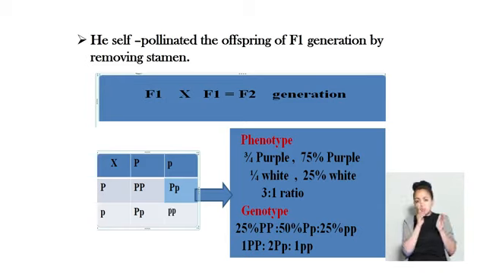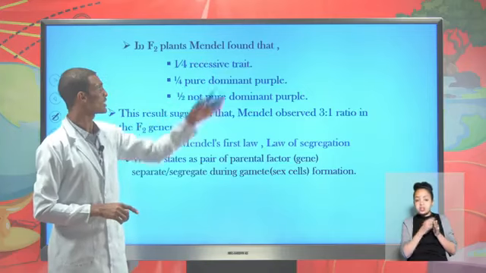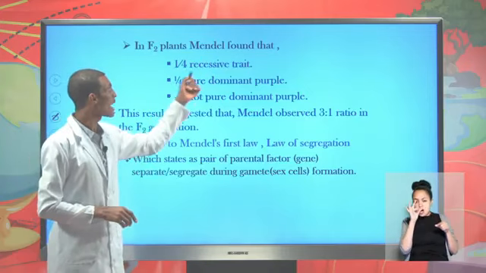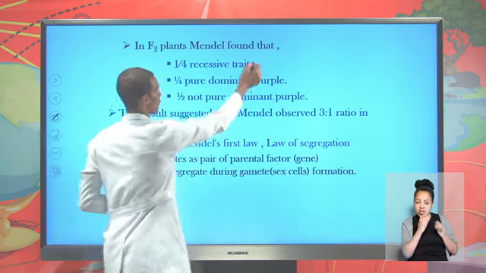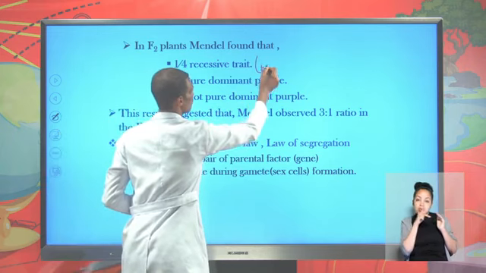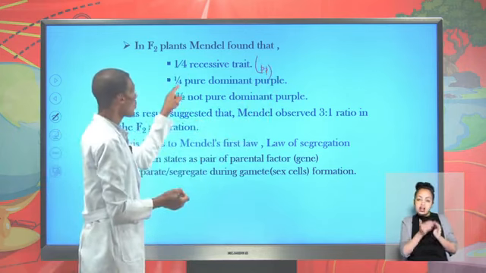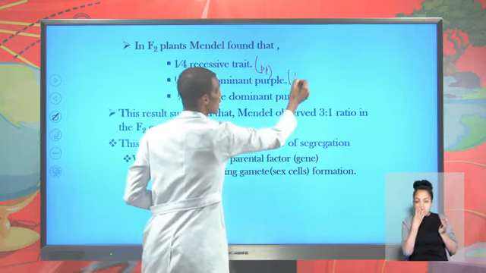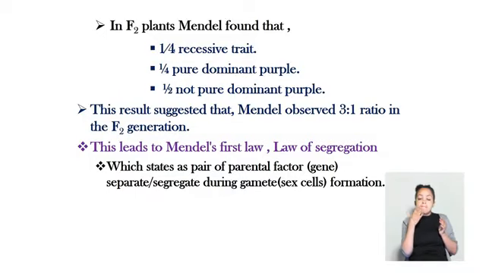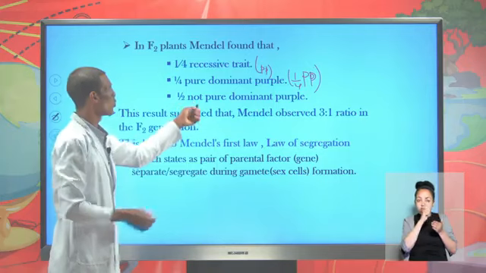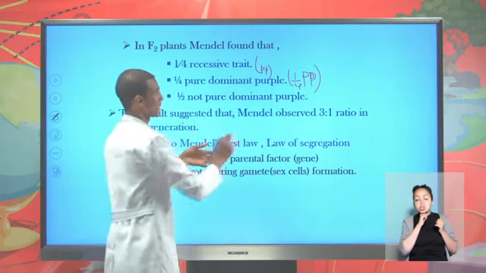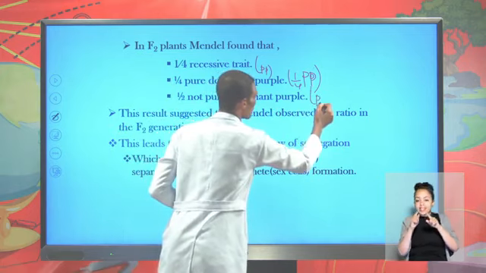Good. In the F2 generation, he found that 1/4 is recessive, P small. And again 1/4 is purple, or homozygous dominant, P capital. And again 1/2 is not homozygous, which we call heterozygous, P capital P small.